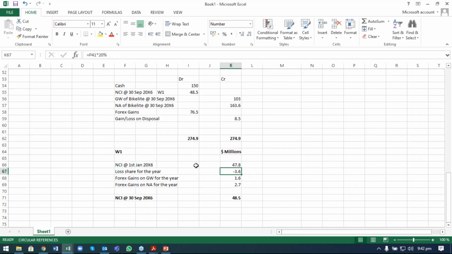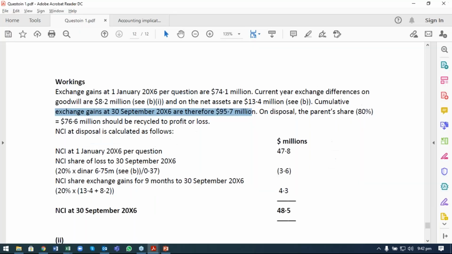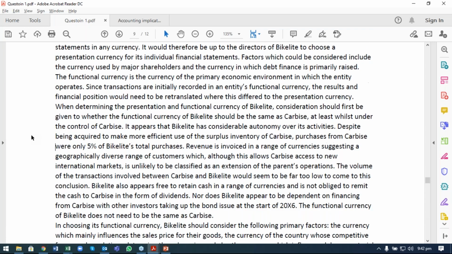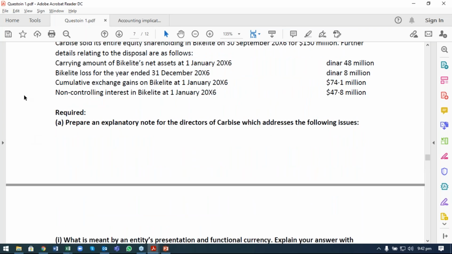This is the profit and loss account share; a total of 8 million of loss was reported by the company, right? 8 million of the loss. Let's come back to the question, where the question was 8 million loss. I believe 8 million dinar loss was reported.